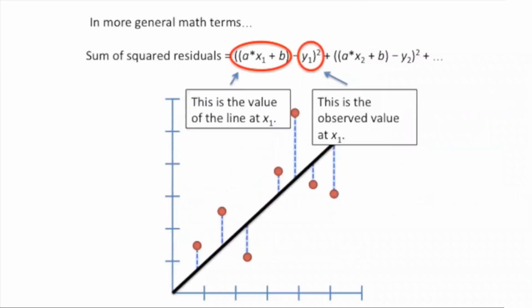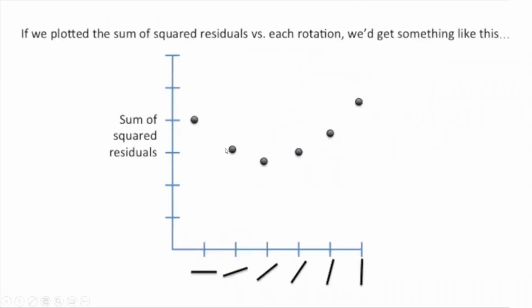And if we plot these numbers on a graph, you can see that as we rotated the line, the sum of squares reduced, to somewhere around 14 point something, and after that it increased again, right?